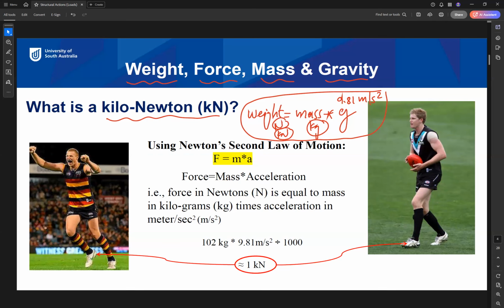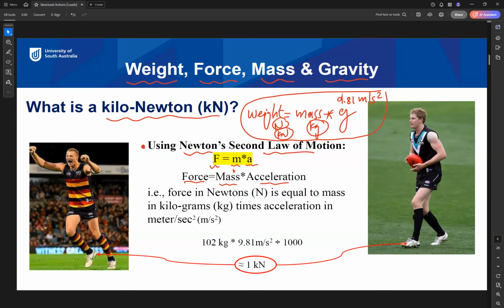This formula comes from Newton's second law of motion, which gives us the formula F, the force, generally equal to mass times acceleration. Any force equals mass times acceleration.